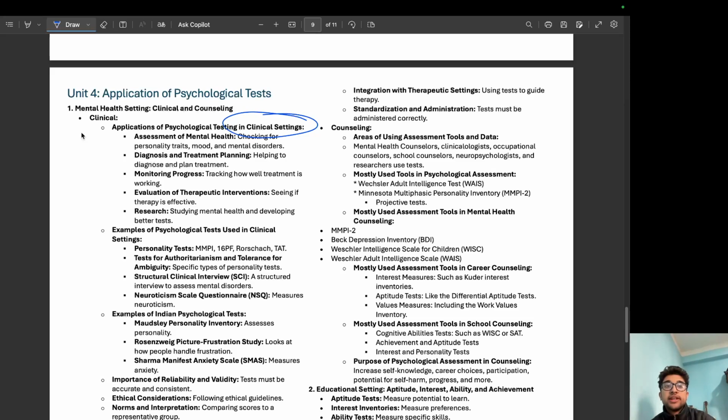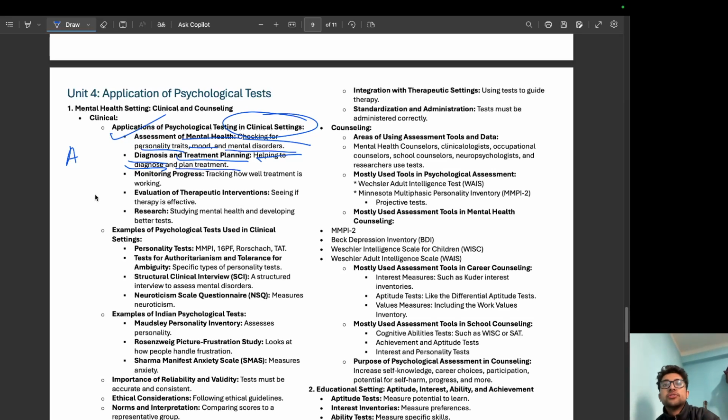In clinical settings, what we will do is assessment. What will we assess? Mental health. We will check for personality traits, moods, and mental disorders. We are not just going to assess, we are also going to diagnose and create treatment plans, helping to diagnose and plan treatment. How will treatment go? We are going to do it with the help of psychological tests.